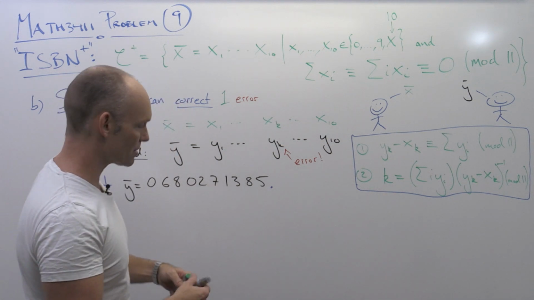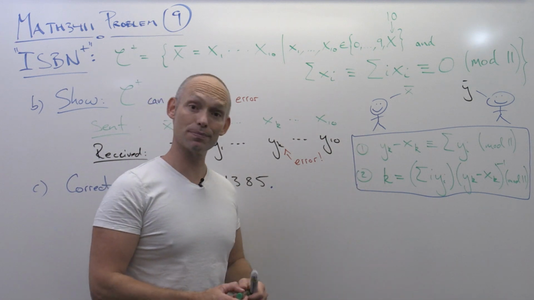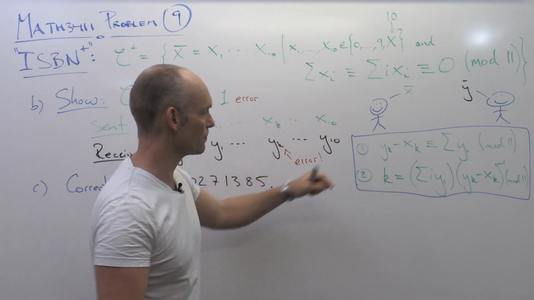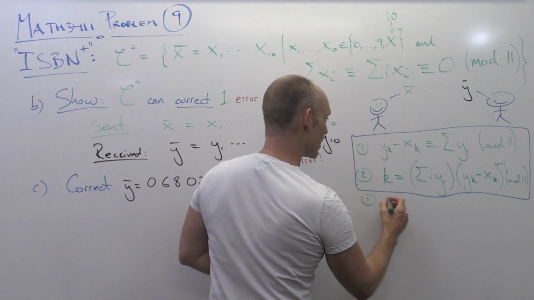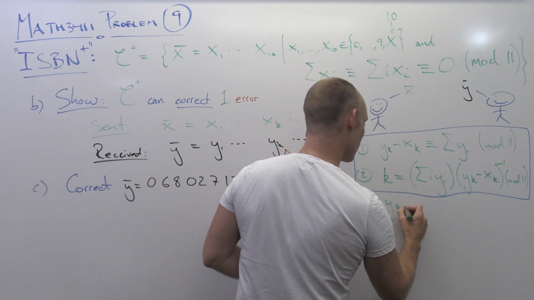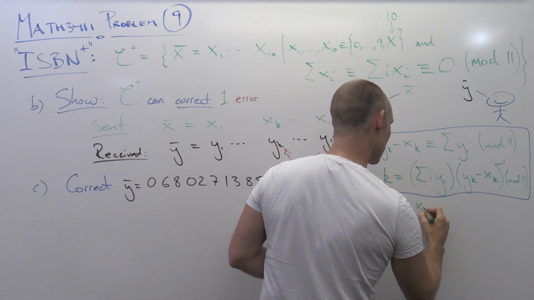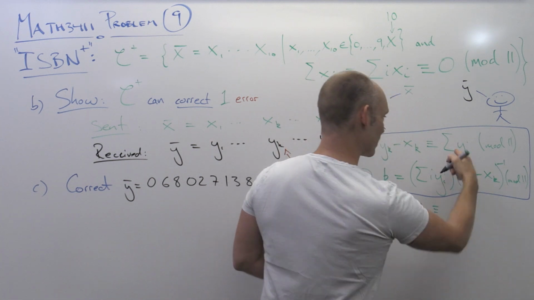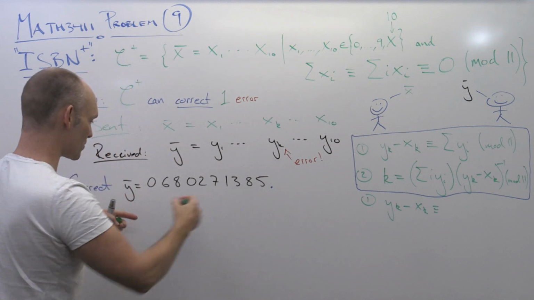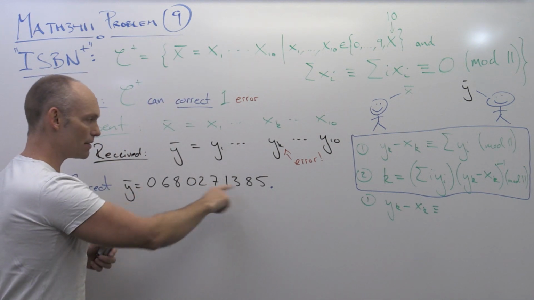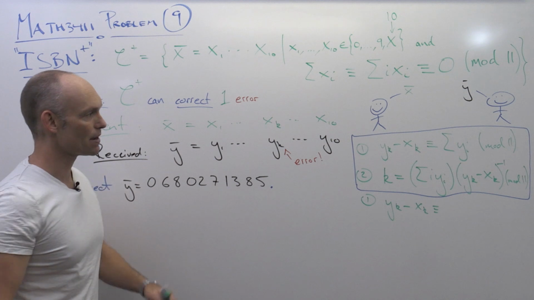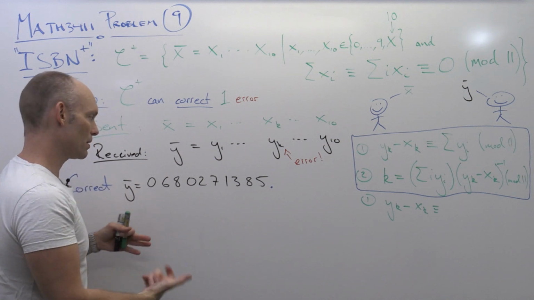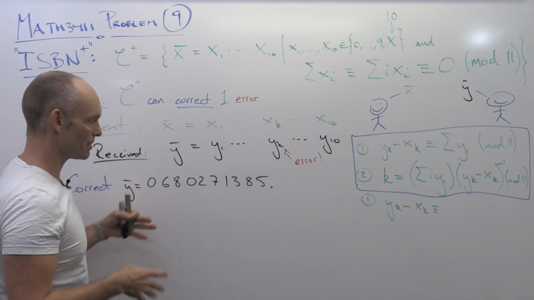We need to do two things using the formulas that we found just previously in the proof. First, we have to calculate this difference here, yk minus xk, and that's the sum of all of these y's here. So we just add them together, reduce mod 11. You can do this in two ways, or several ways.